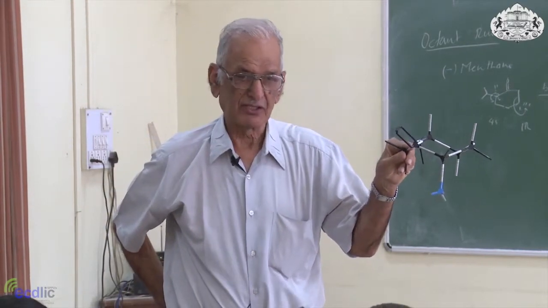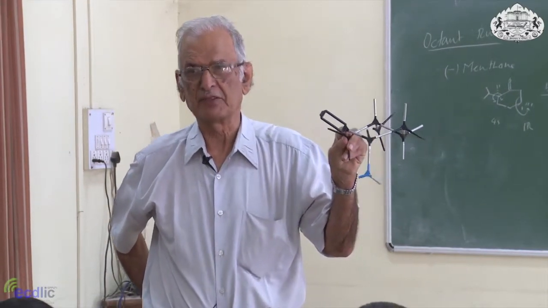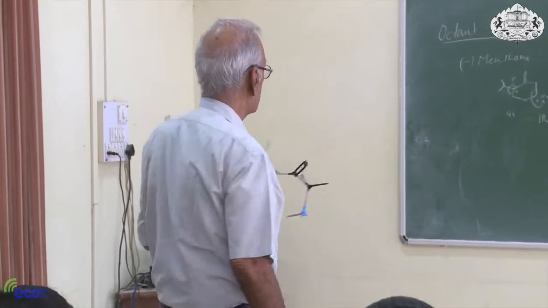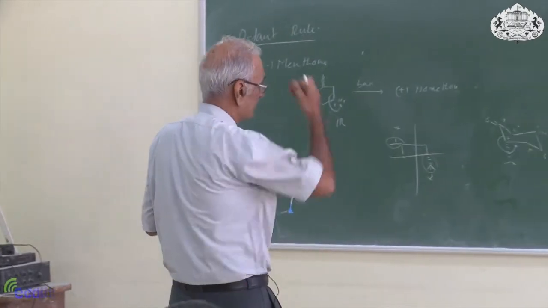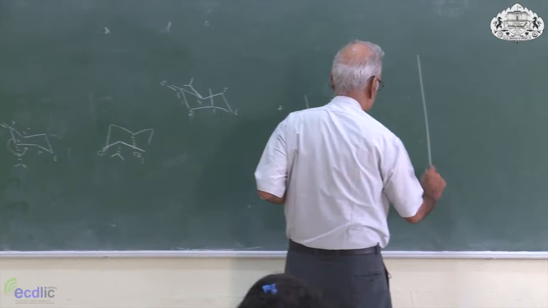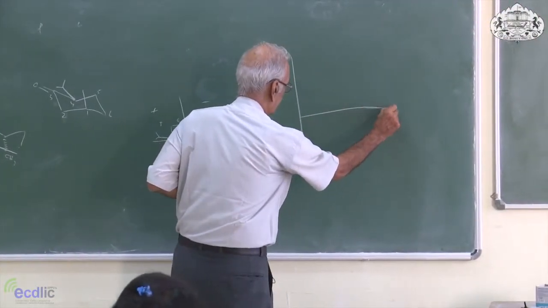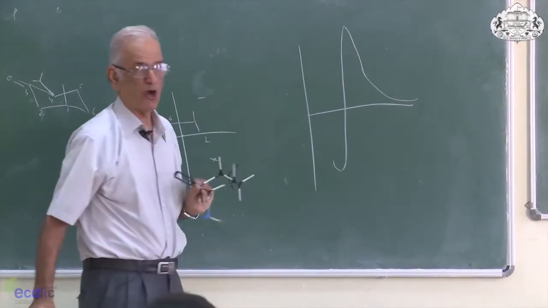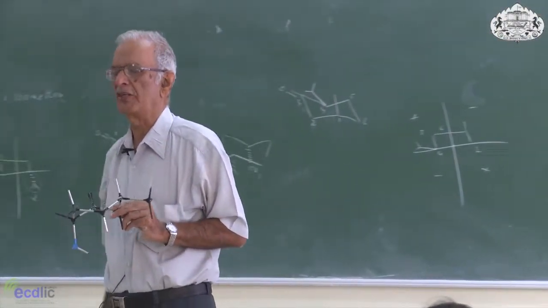Therefore, the end result is a strong positive Cotton effect. We call this plus isomenthone. Therefore, if we now want to show the picture, rotation at 589 is positive and it shows a strong positive Cotton effect.